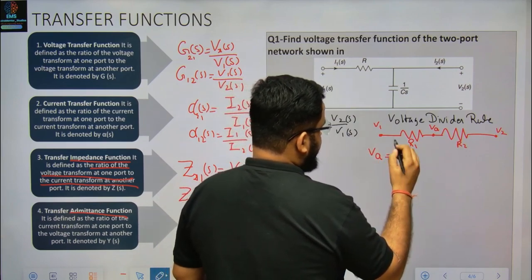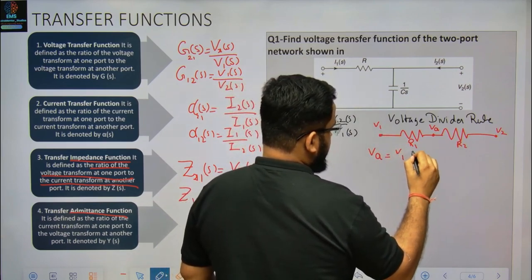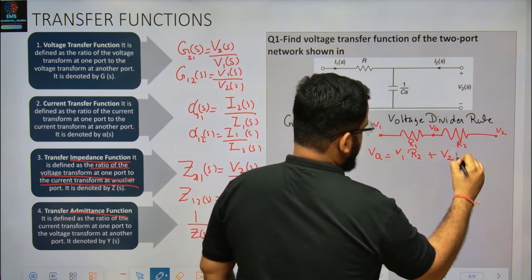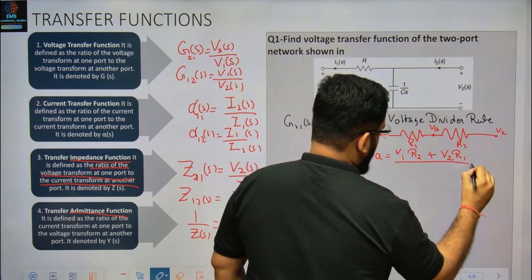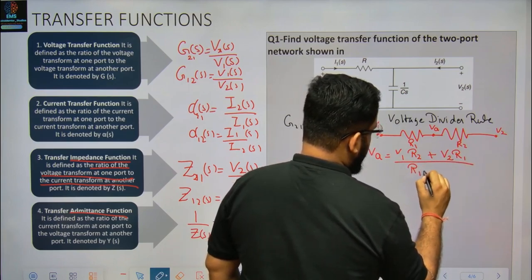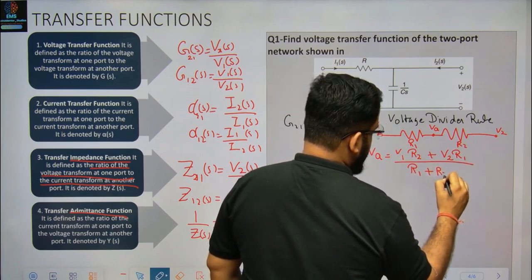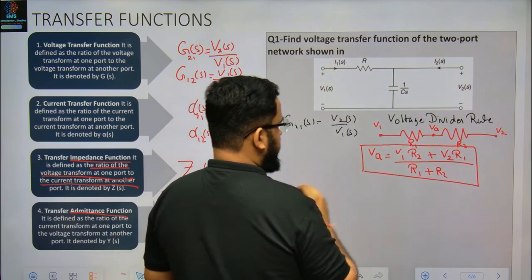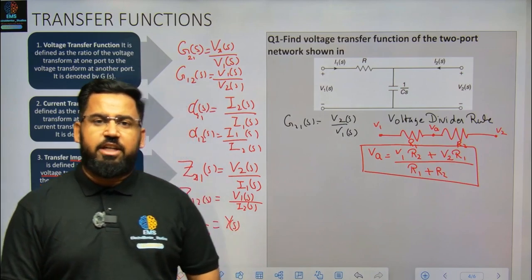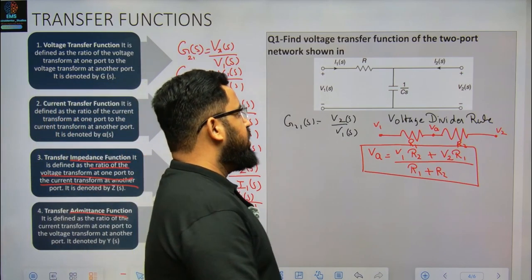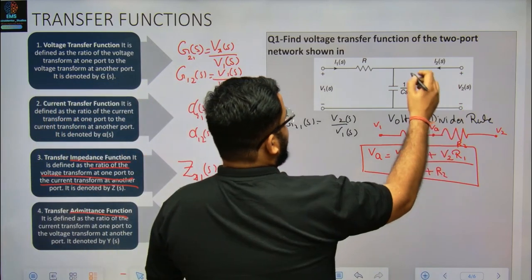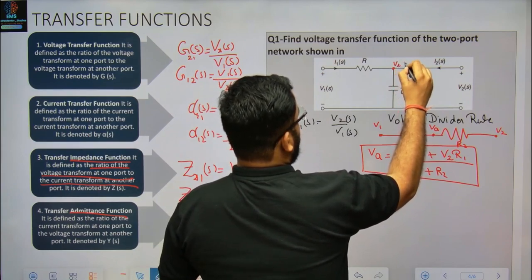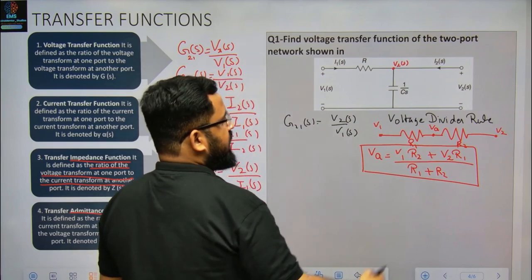My VA will be V1 multiplied by R2 plus V2 multiplied by R1, divided by the total impedance. This is my voltage divider rule. Using the same rule, this point will be V2(s).